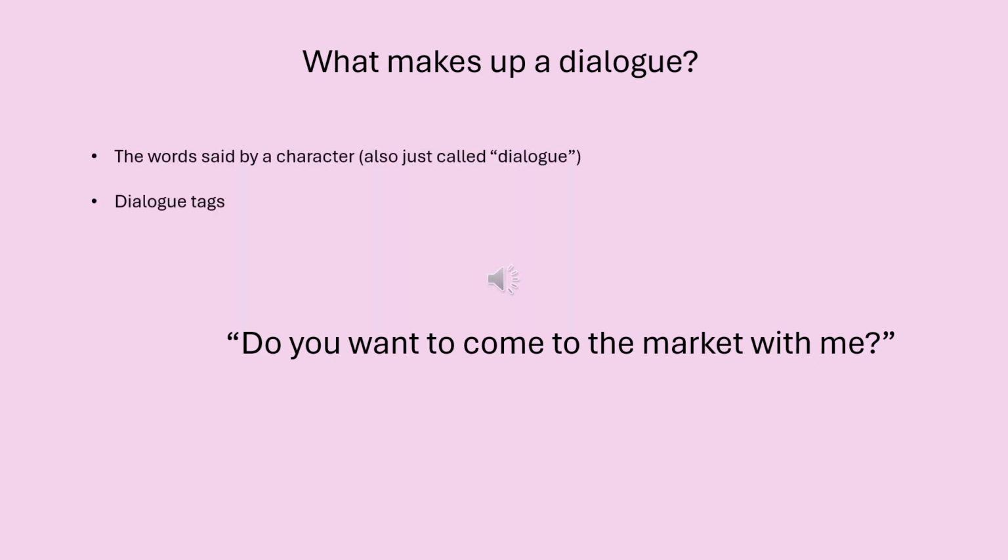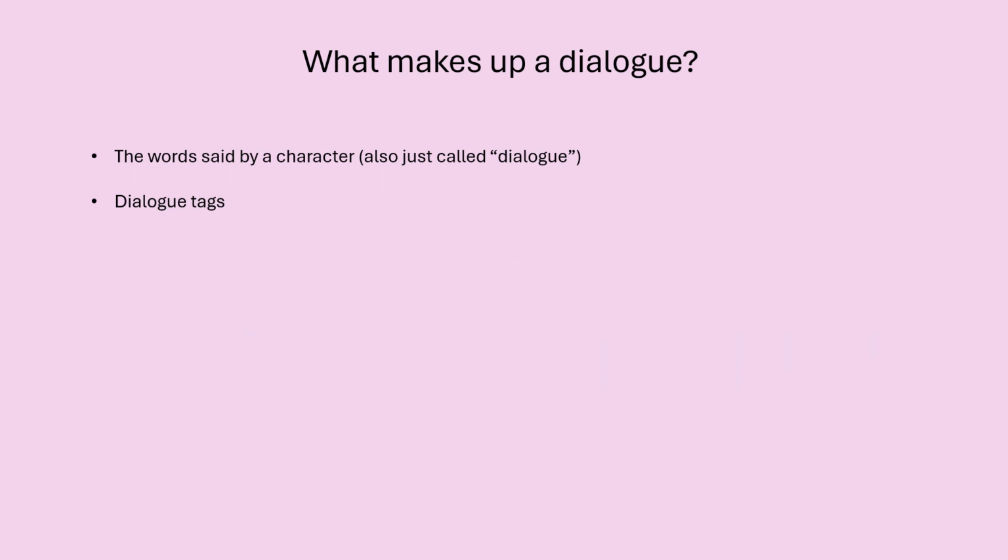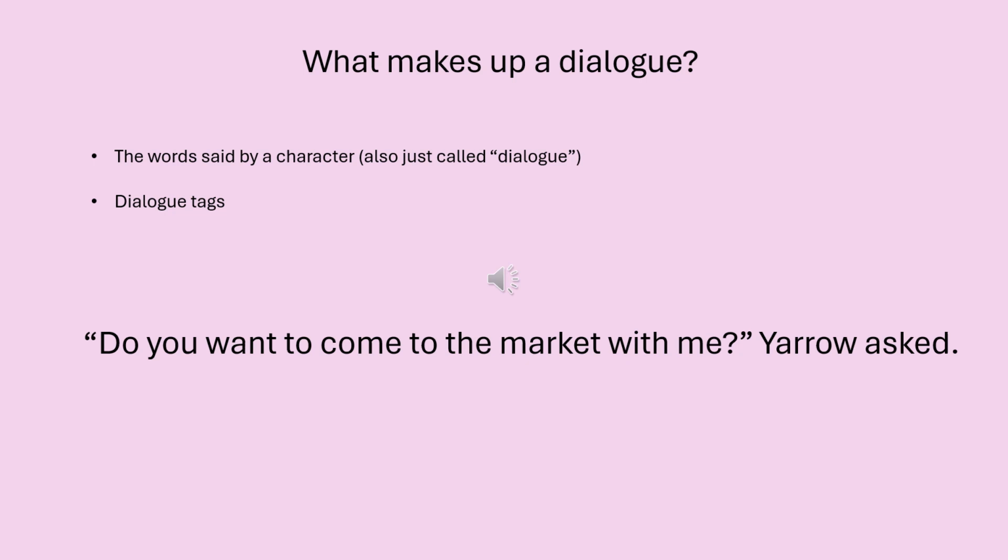All right, 2, dialogue tags. Dialogue tags are the he said, she said, or any other character connected to, in general, a verb that describes sound coming out of someone's mouth, with very few exceptions.